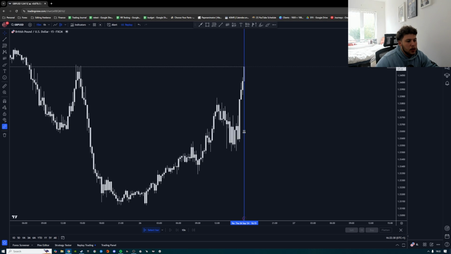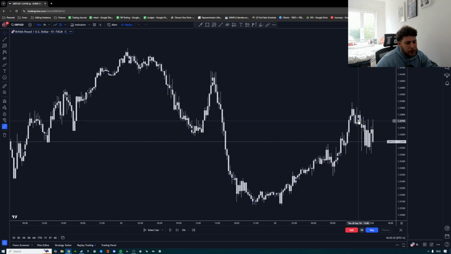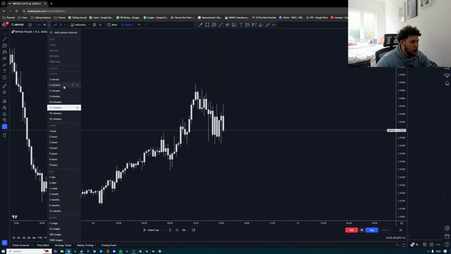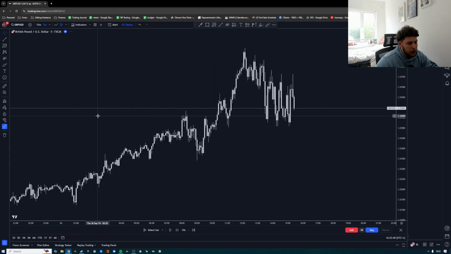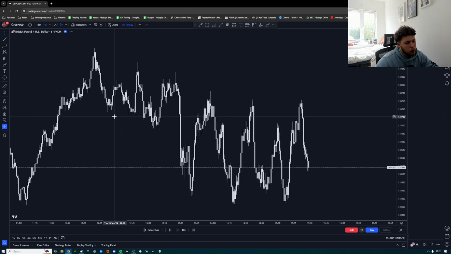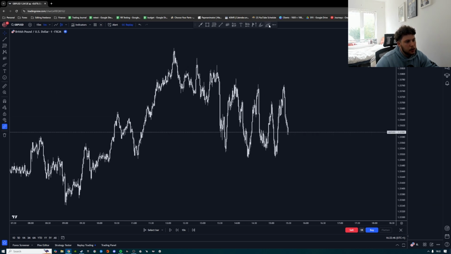For example, if we look at this area here on a lower time frame, this would have been a downtrend or sells. If I drop to the 5 minute maybe, or the 1 minute, you can see it on the 5 minute as well, but on the 1 minute as well, there you go. You can see that we're going to have sellers here, here, everywhere.